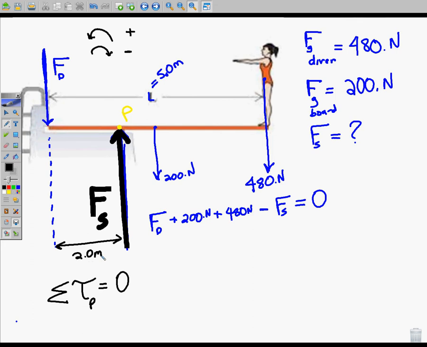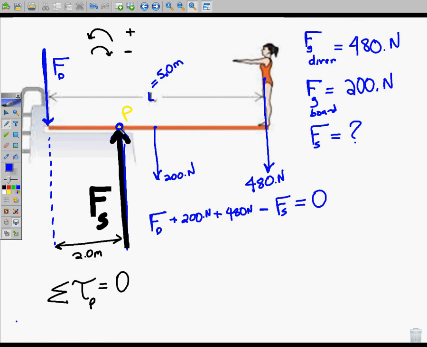So now I write out my torque equation. We start off with this force right here. We don't know the magnitude of FD, but we could write down how much torque it's going to have about that point. Is it going to be a positive or a negative torque about this point right here?